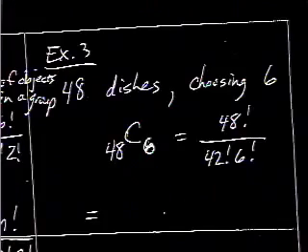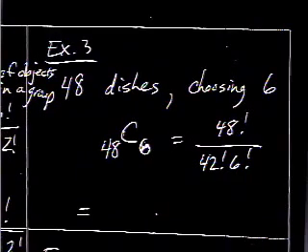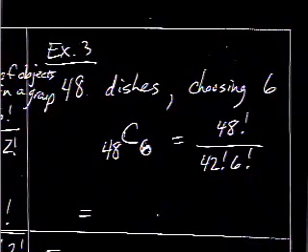Example 3 talks about going to a Chinese restaurant. There are 48 dishes on the menu, and you and 5 other friends are going to pick 6 different meals and then kind of share them to try different foods that you maybe have not tried before. So how many different dishes could you select? We don't care what order we order them in.